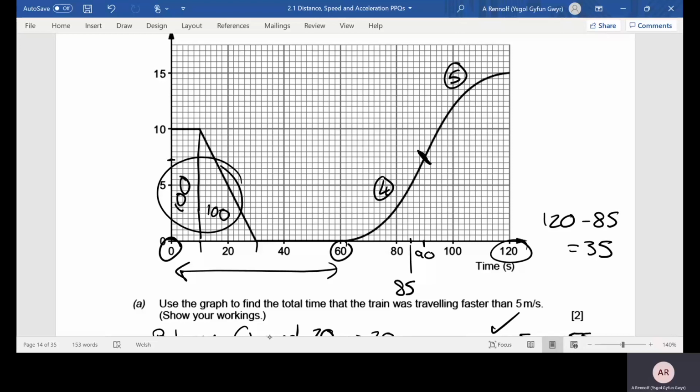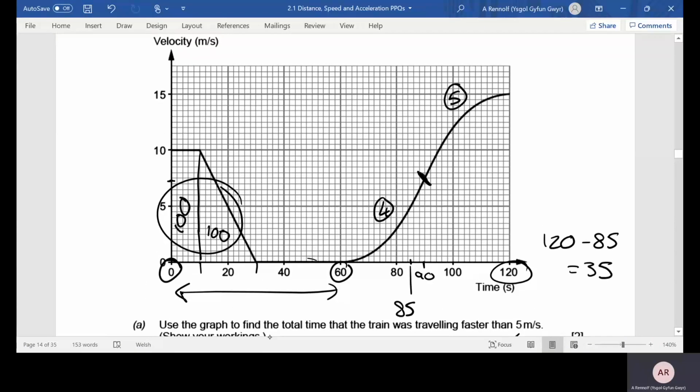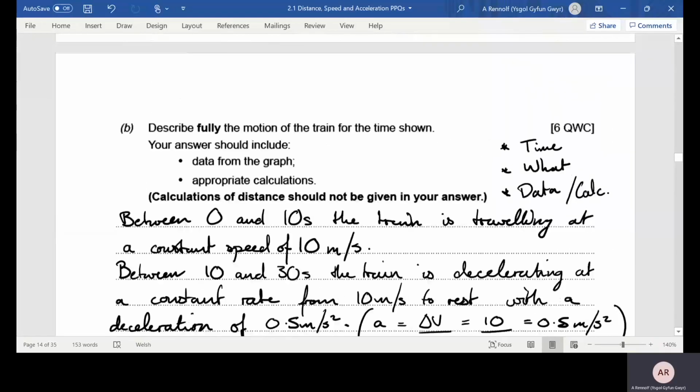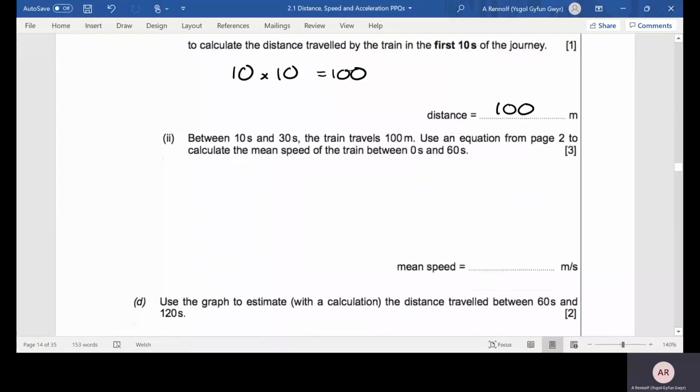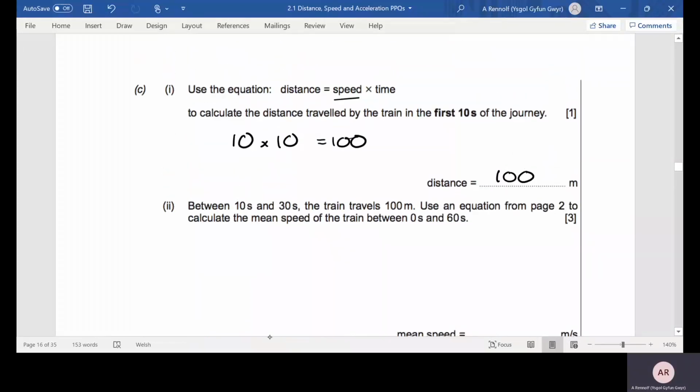Now I know you might think, but hold on, we're not moving between 30 and 60 seconds, so why are we including that? Well, we're including that because they've asked us to calculate the average speed between 0 and 60 seconds. So to calculate the average speed, we do the total distance divided by the total time that you're looking at.